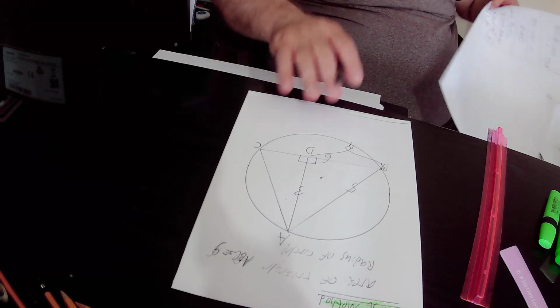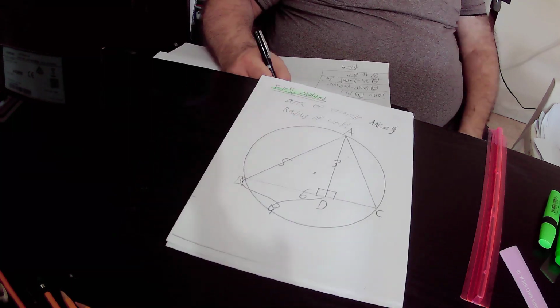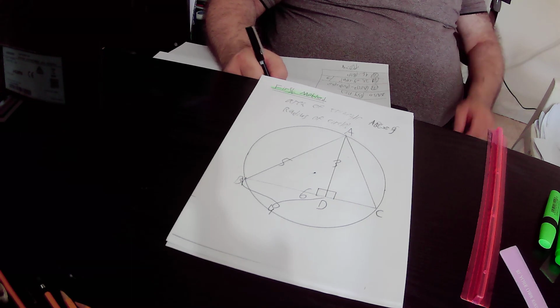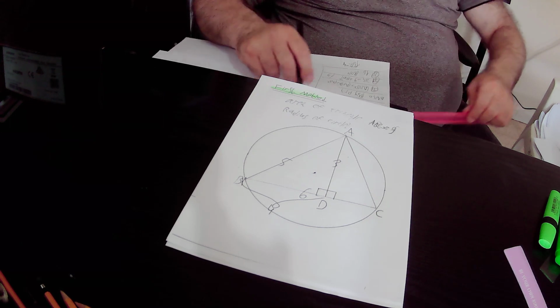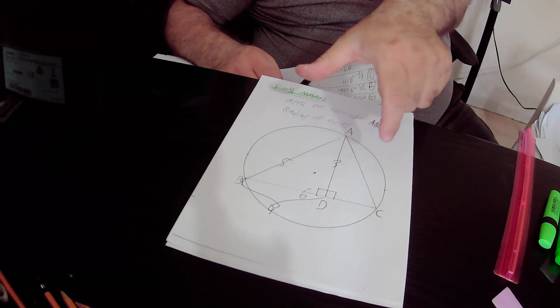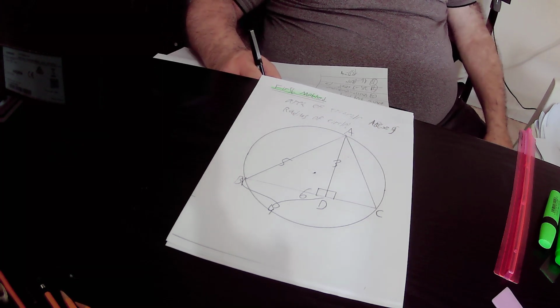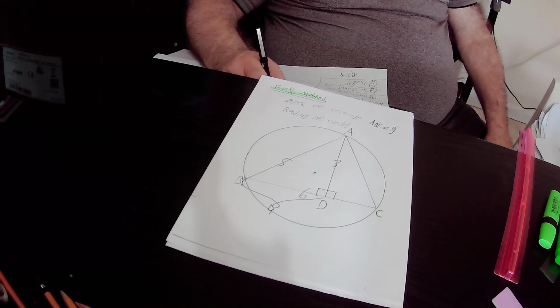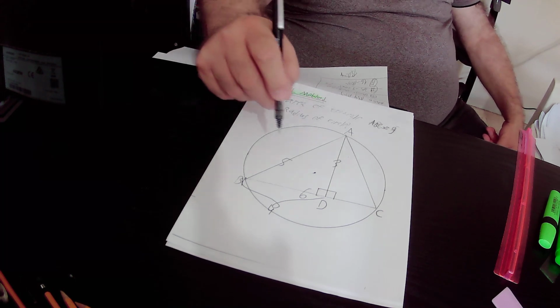So what is the length of side CD? From the drawing it's very easy to see that CD equals BC minus BD.